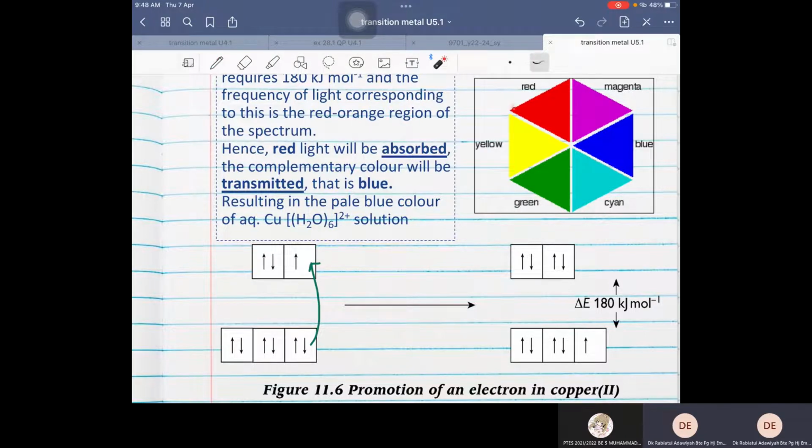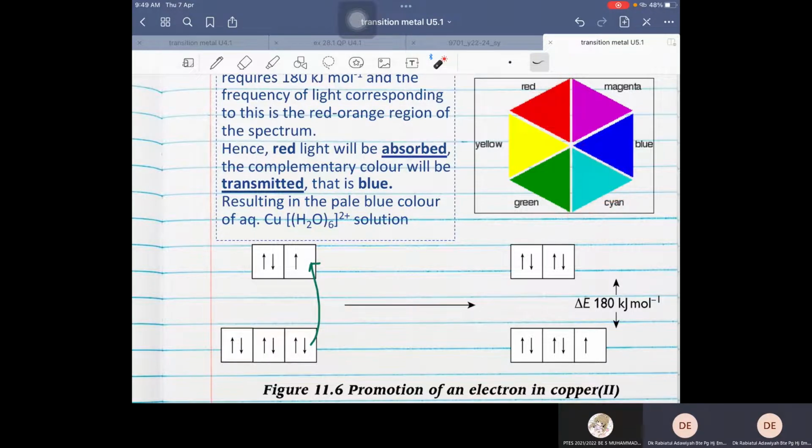The complementary is the opposite color in the color wheel. So you see here, Cu2+ absorbs red light, uses that energy to promote or excite its electron. However, the color that is being transmitted or given out is the complementary color, which is light blue.